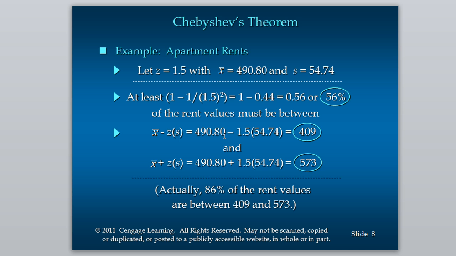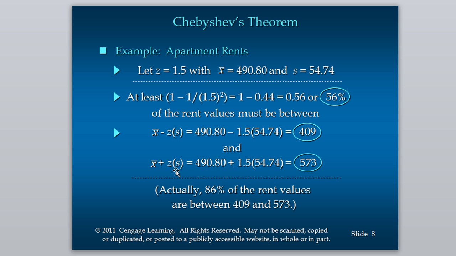Look at this mean value, $490.80, if this is money. 490.80 minus 1.5 times the standard deviation, 54.74, forms this number.